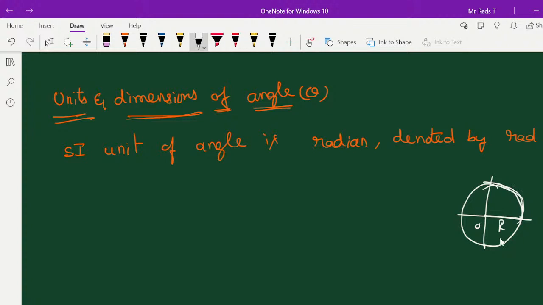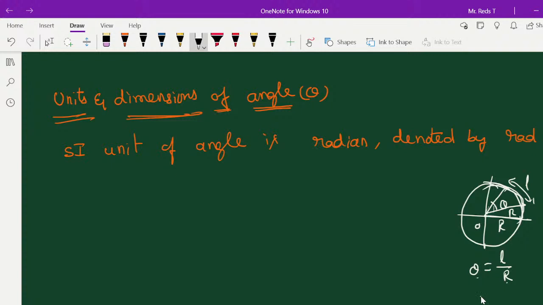If this is the arc length L, and this is of course the radius, and this is theta, we have to remember that angle equals arc length by radius. If you consider the arc length in SI system and radius in SI system, then you will get theta in radians. Sometimes arc length will be given and you will be asked to find radius, or vice versa.